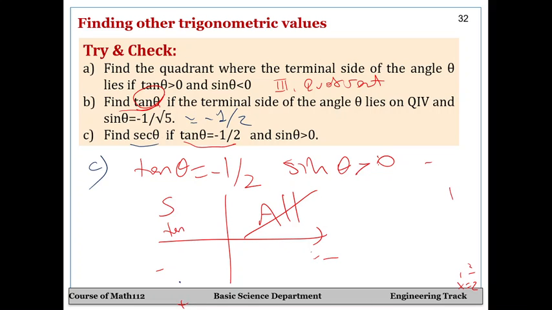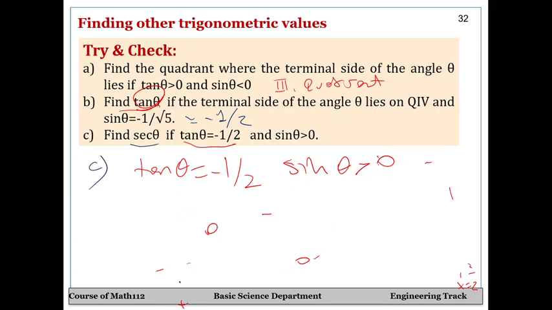Tangent is positive here, we don't want this, and sine is negative here, so we don't want this part. So it has to be the second quadrant. Because of these two conditions, theta is in quadrant 2.